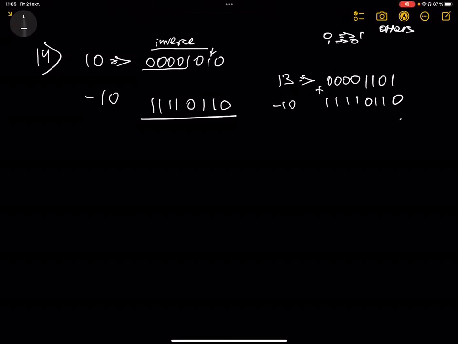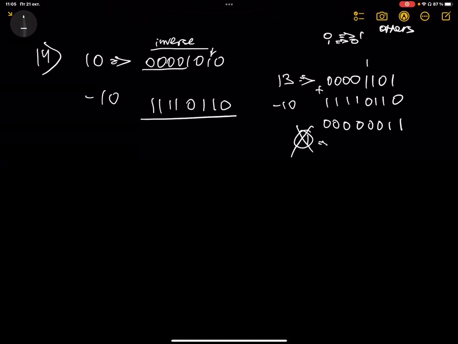So 1 plus 0 is 1, 1 plus 1 is 0, we have 1 carry. Overall, what we're going to have is just zeros, because you will have 1 carry, and the carry will be kind of overflow, and you don't write it, because there's no memory for the carry. So this is the answer.